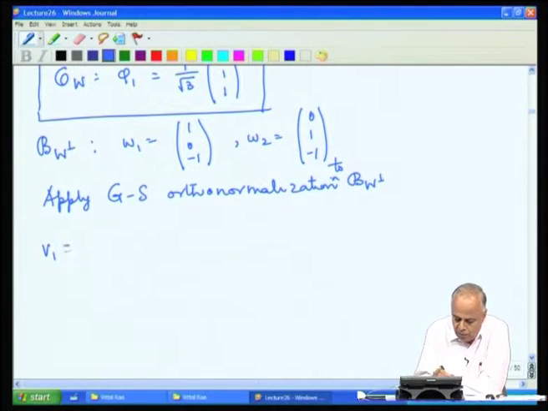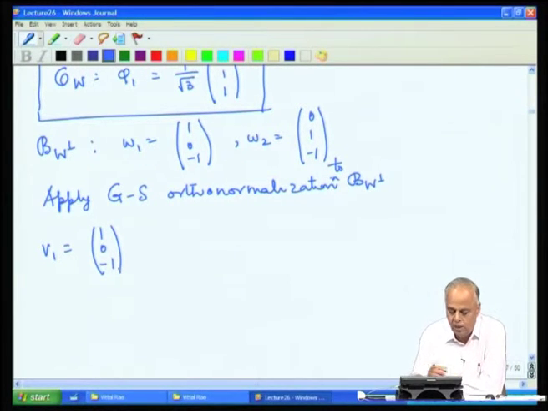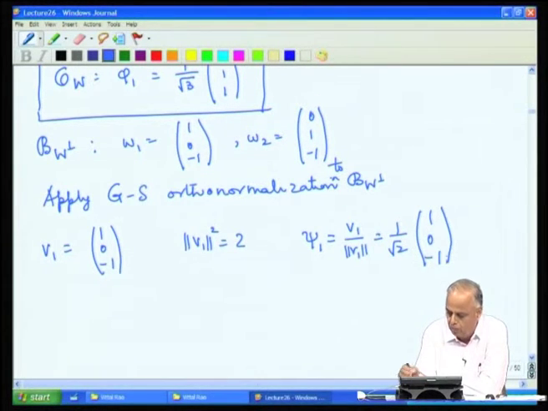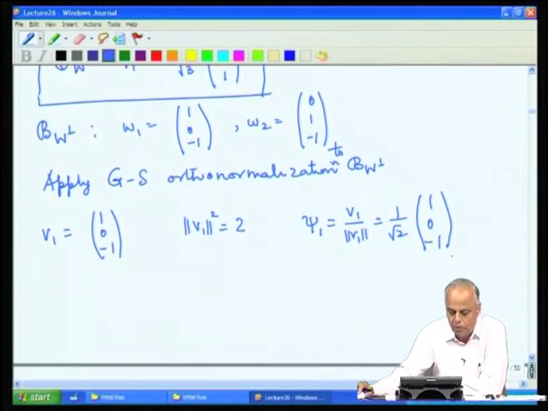First, we start with the first vector W 1 and call it V 1, find its length squared, which is 2, and then consider the vector psi 1, which is obtained by dividing V 1 by its norm, which in this case is 1 by root 2 times 1 0 minus 1. So, that is our first vector in the orthonormal basis.